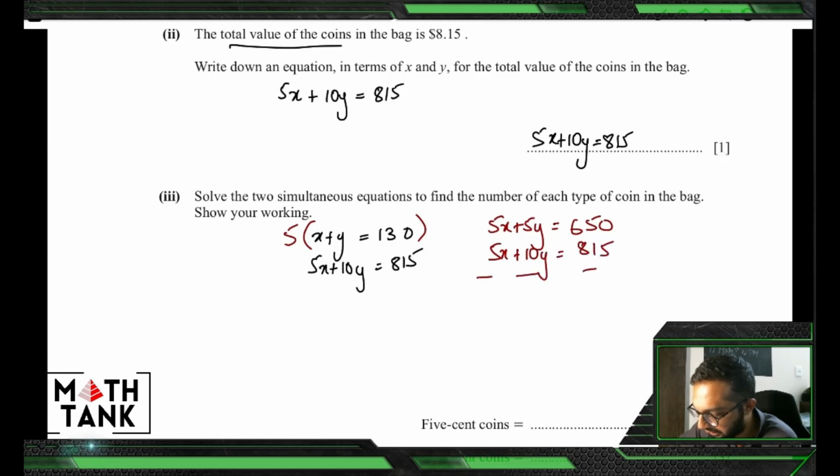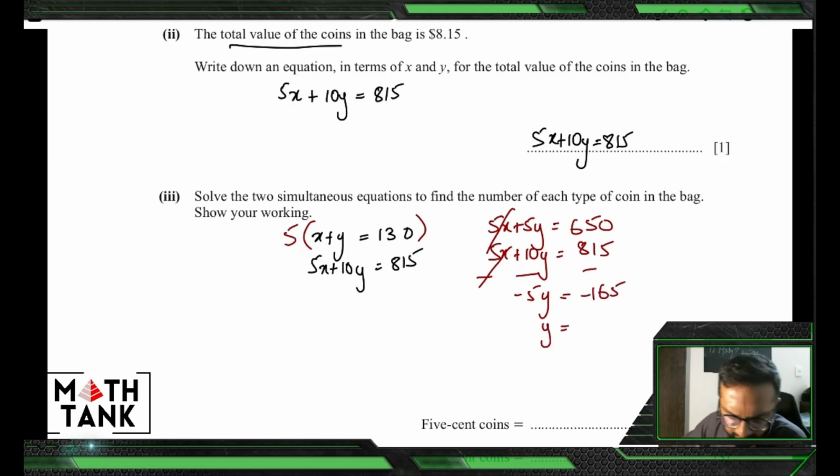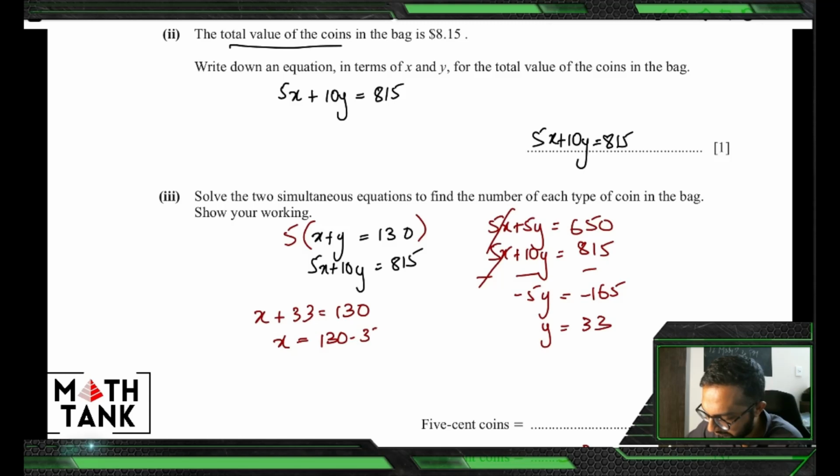I'm going to change the signs, so minus 5y should equal 815 minus 650. That gives me minus 165, so y equals 33. What's x? x plus 33 equals 130, so that's 97.